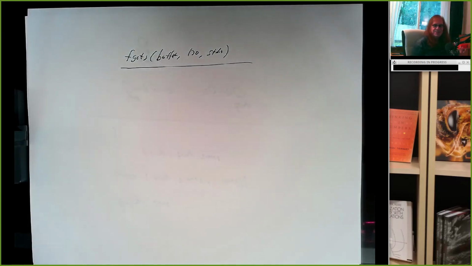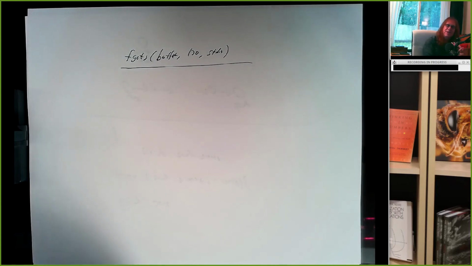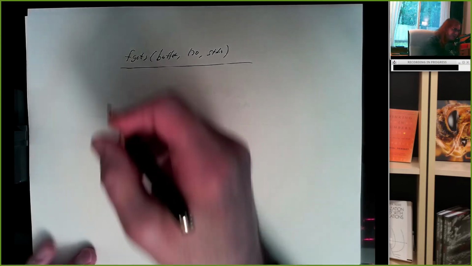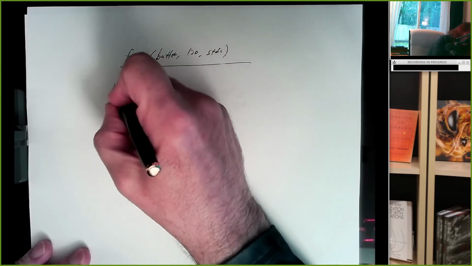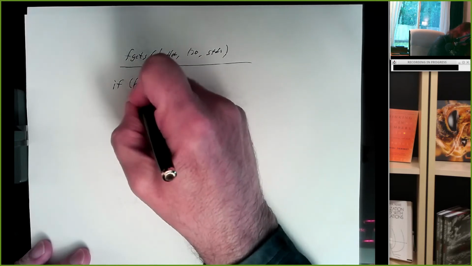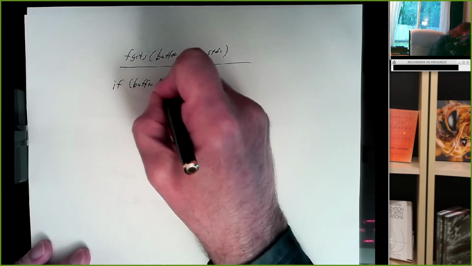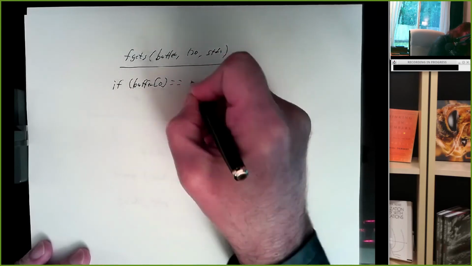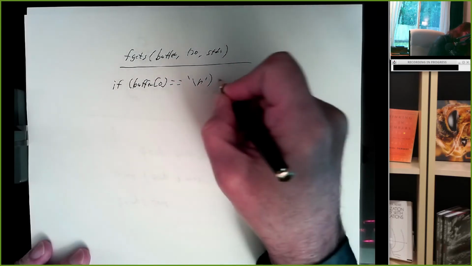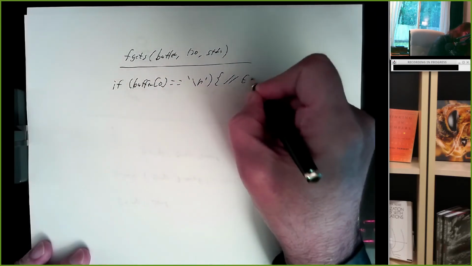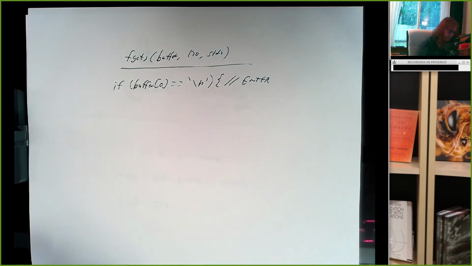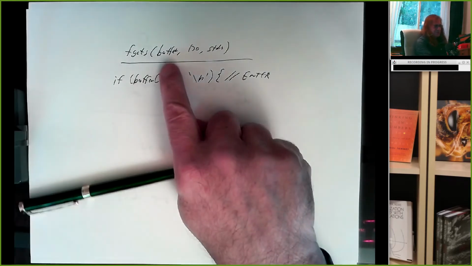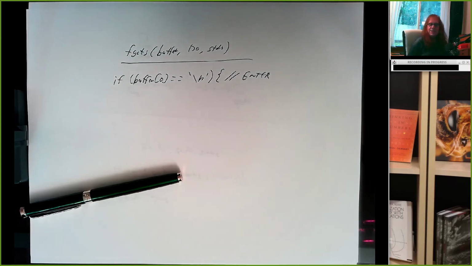And then we have to decide: did they type a magic command, did they type an integer, or did they hit enter? So how do we know if they typed enter? An easy way to do that is see if the first character is a new line. If the buffer that they type in begins with a new line, they didn't type anything on the line, they just hit enter.